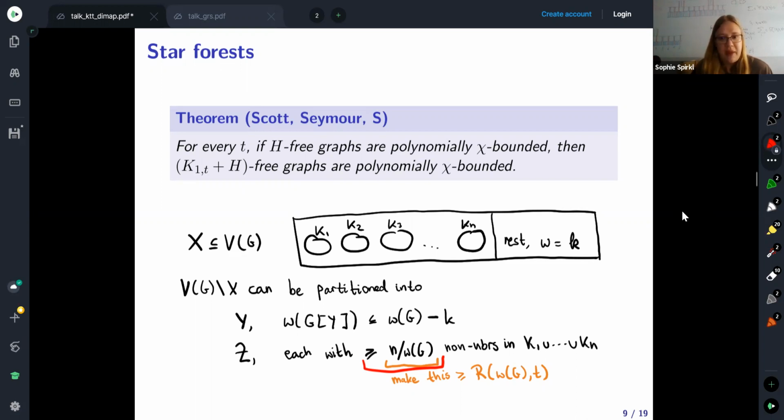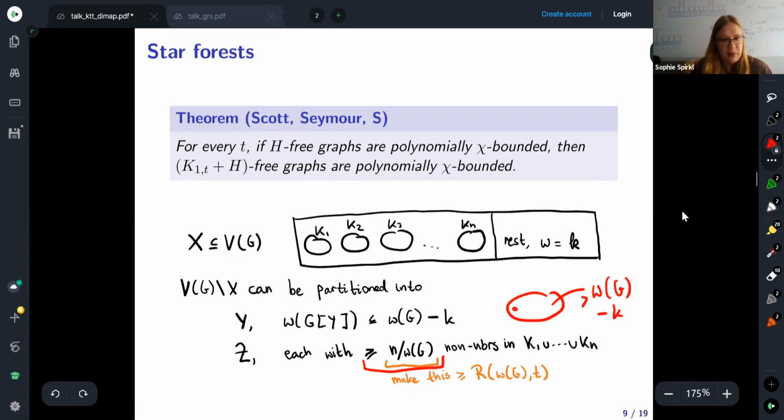And if you think of the remainder, and you think maybe there's a clique here of size bigger than omega of G minus K, then for each of them, you can look at which cliques it has a non-neighbor in.